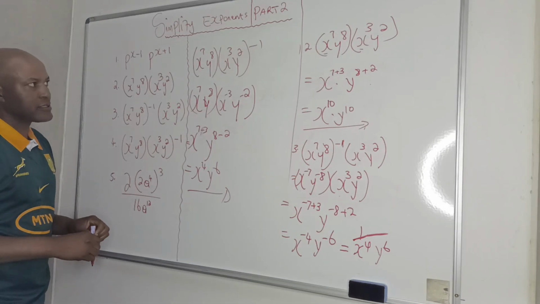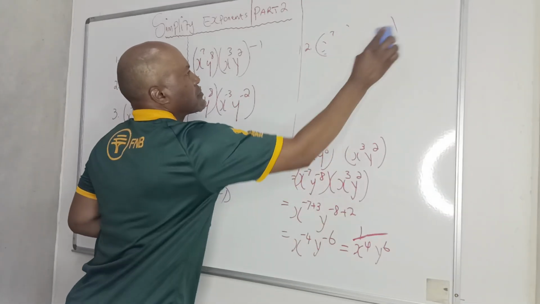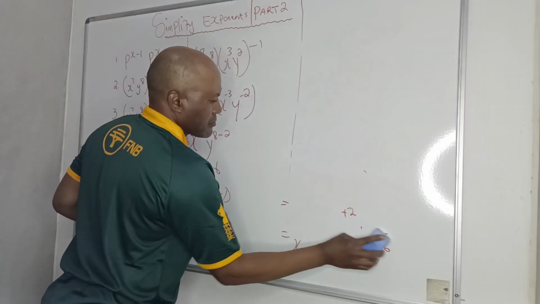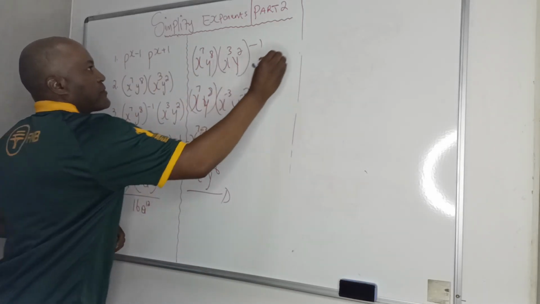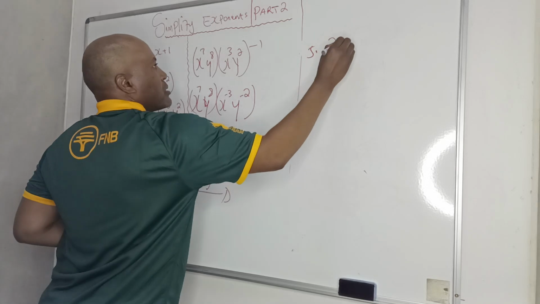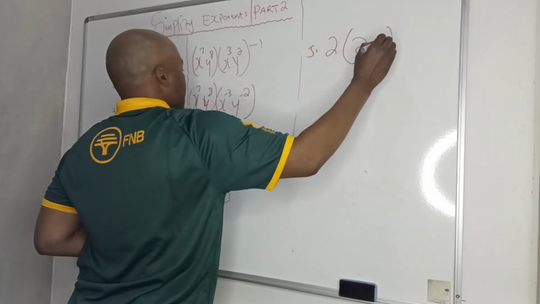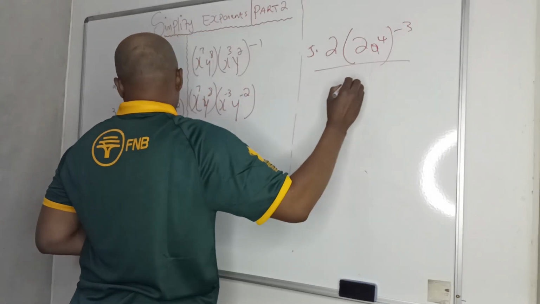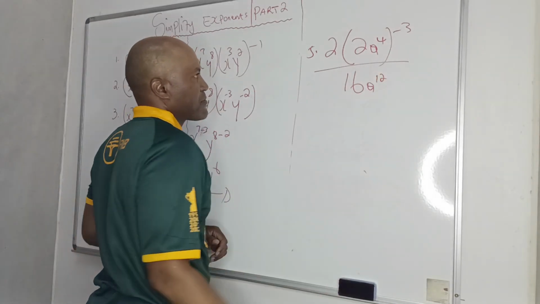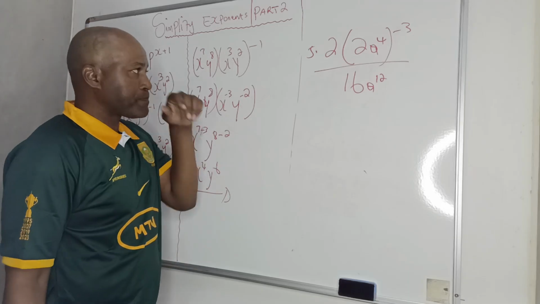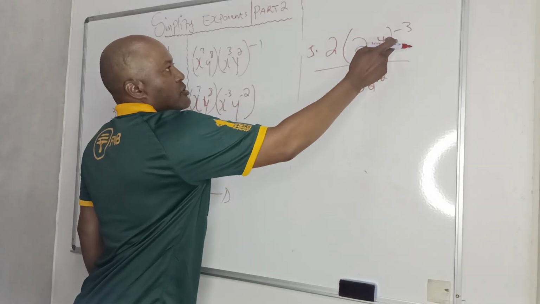Number 5 says 2 into 2a raised to 4, all raised to 3, all over 16a raised to 12. Okay, what do we do here? This is rule number 4 as well.